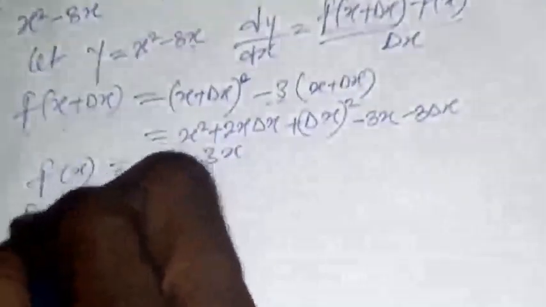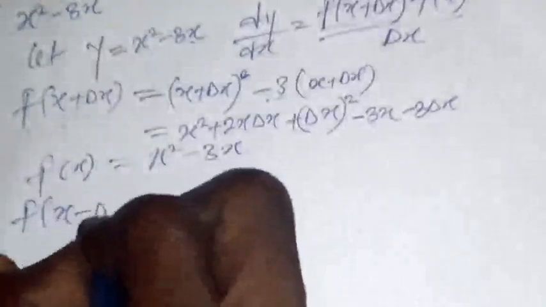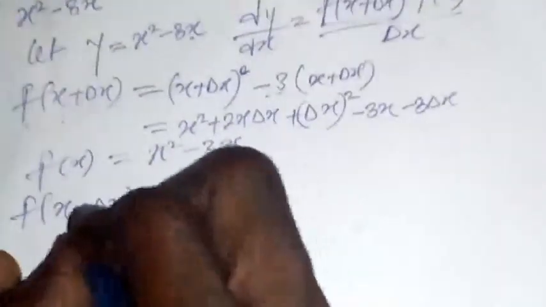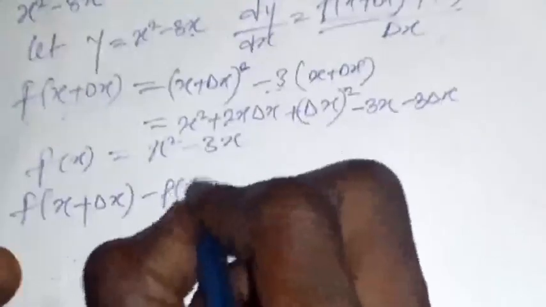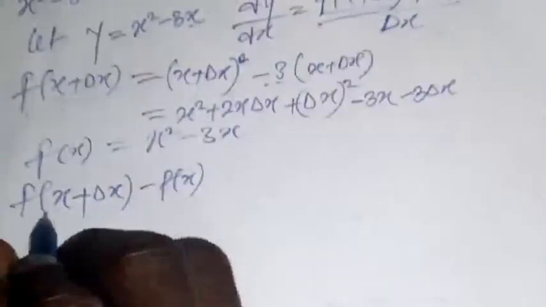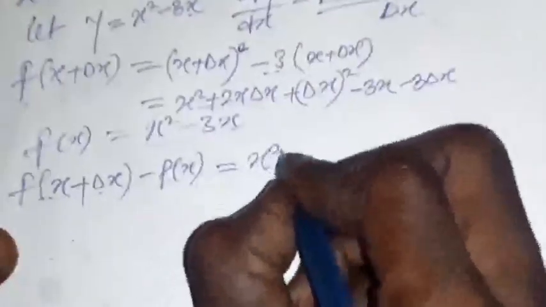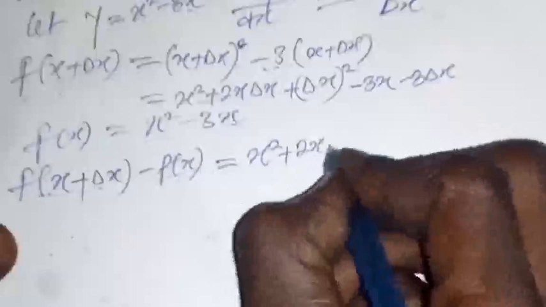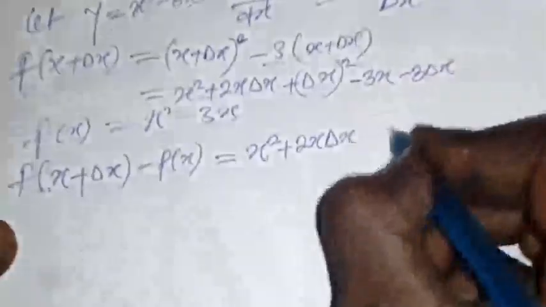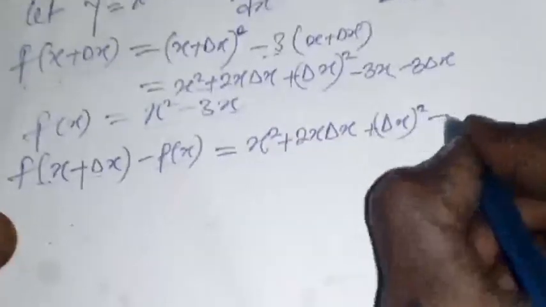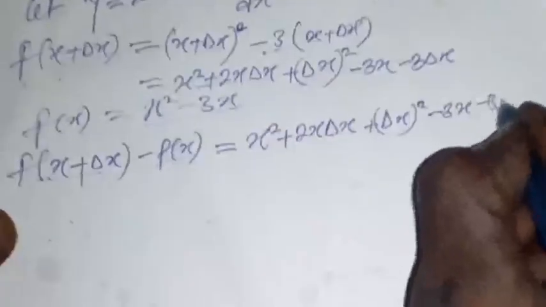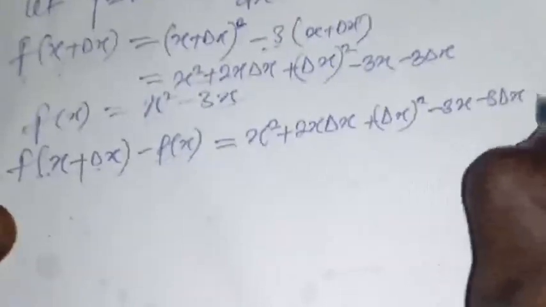Then we evaluate function of x plus delta x minus function of x. When we evaluate this, we substitute this as this, and we substitute this as this. We have equals to x squared plus 2x delta x plus delta x squared minus 3x minus 3 delta x.